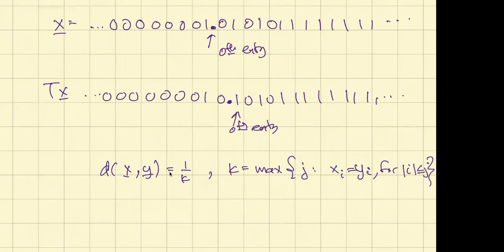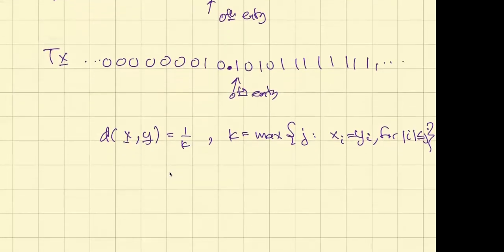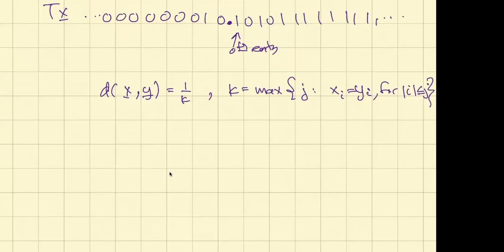So another way to think about this is two sequences are close to each other if they agree on a big prefix, and the bigger the prefix, the closer they are, where prefix here is measured in two directions, in the forward and backward direction. So this is the symbolic space, and now I want to convince you that there are plenty of different orbit closures in this example.